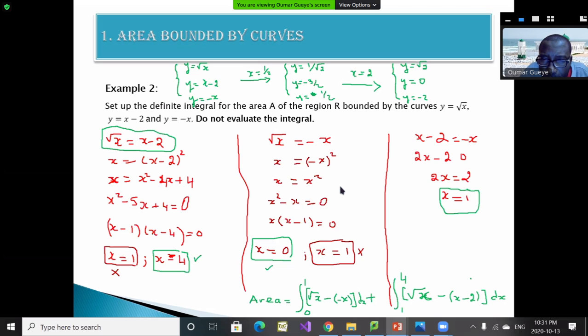Any question? So we just subtract the second greatest y from the greatest y. If you remember the area, in both of them we subtract the first and the second greatest.